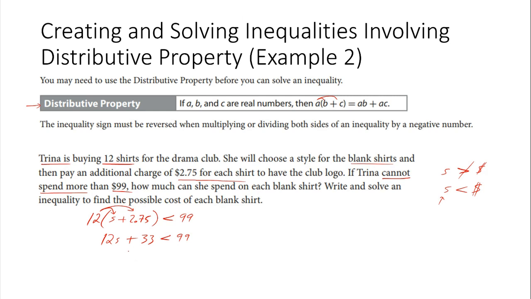All right, how do you get rid of a plus 33? So again, this was the distributive property. That's how we were able to multiply everything by 12, right? And then how do you get rid of a plus 33? Because again, we're trying to isolate the variable, which is S for shirts, with the good old-fashioned subtraction property, right?